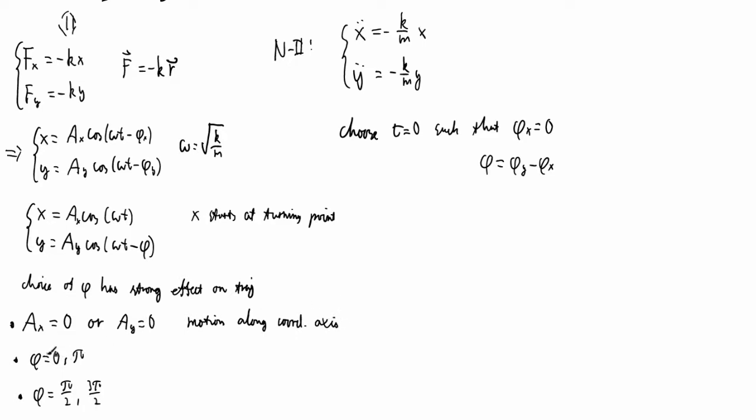If phi is 0 or pi, I'm going to look at that specifically over here, then we get that x equals a sub x cosine of omega t, and y equals a sub y also cosine of omega t.